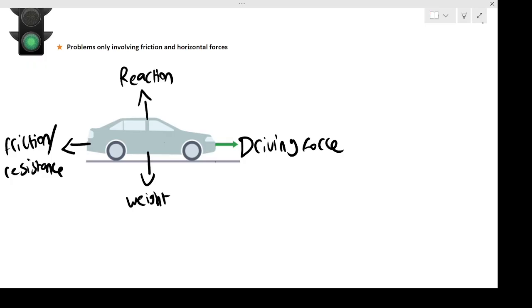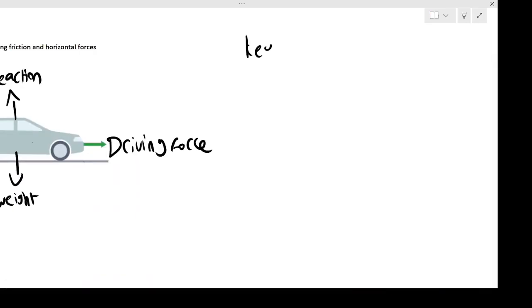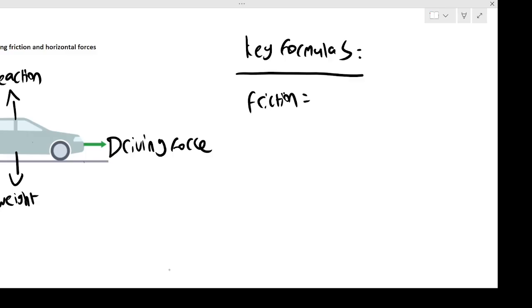Key formulas. The first one is that the friction force is equal to this letter mu, this funny u, times the reaction. Or more simply, F equals mu R.